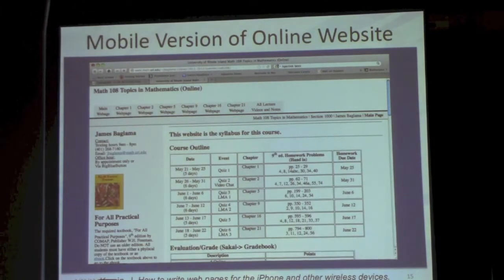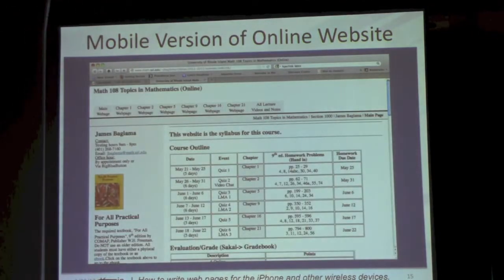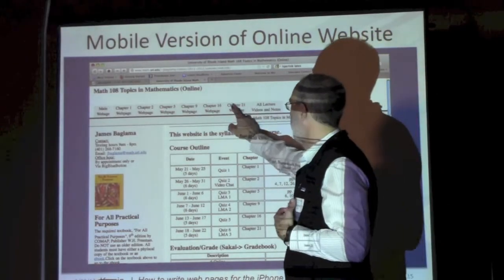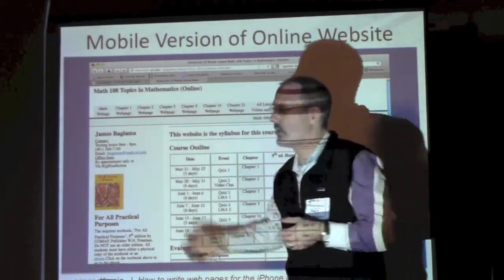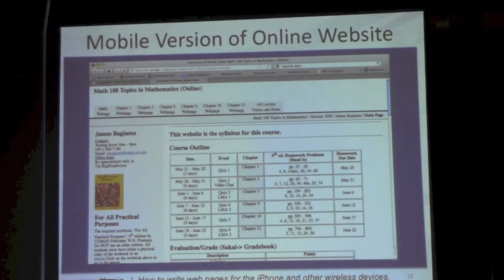So I changed the website. This is how the website looks on a web page, and when you go into the mobile version, it resizes correctly. It's easier to see right here. These are the links. All the links appear at the top, and you would press your finger on those, and you can go to all the different pages very quickly.